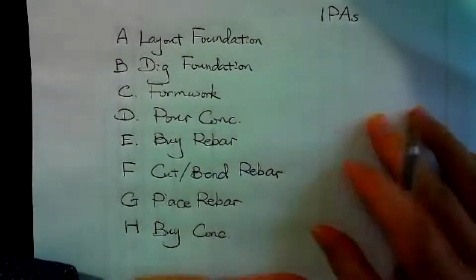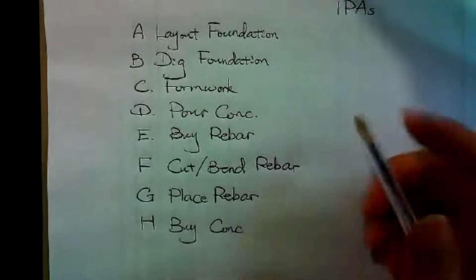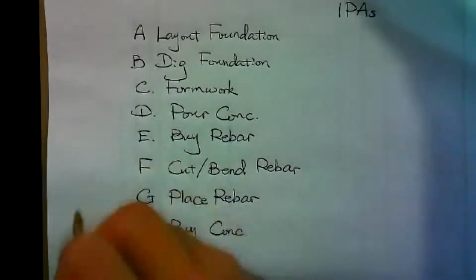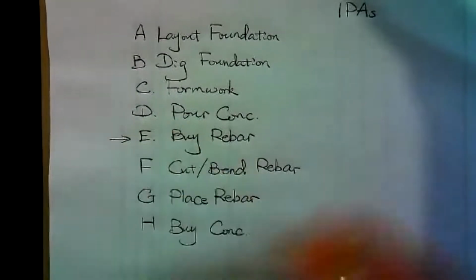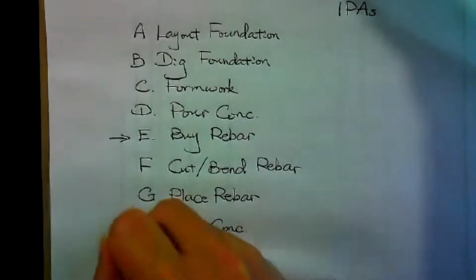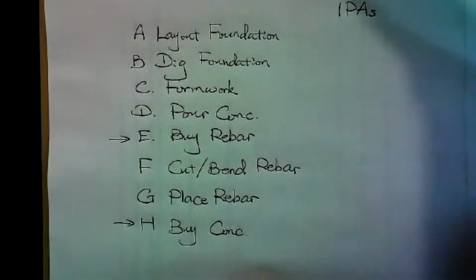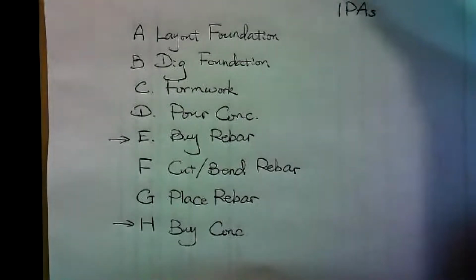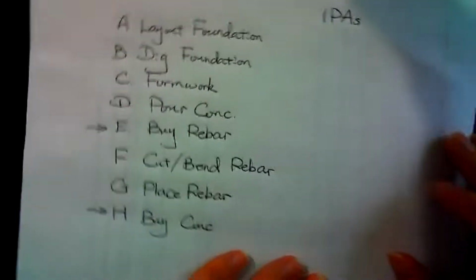We don't need to worry about the procurement type of activity, because that activity can be done anytime. For the shopping, the procurement activities, we don't need to worry about it right now. We're going to work on that a little bit later.